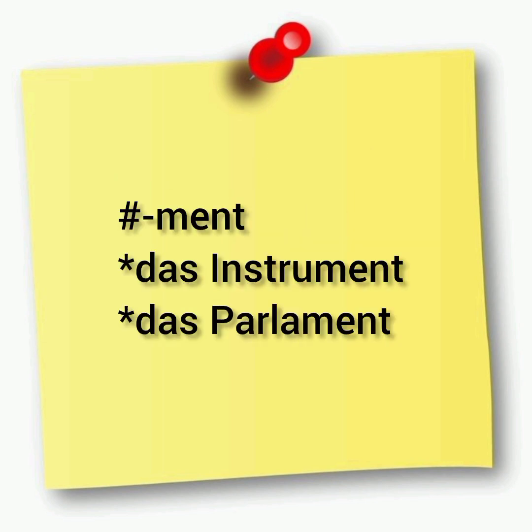Okay, then I have some other examples. That's nouns ending in ment. Nouns ending in ment, M-E-N-T. Again, this is not for all, but most of them, okay? So some examples I have here are das Instrument. Das Instrument, like the music instrument. You could say das Instrument or be specific, das Musikinstrument.